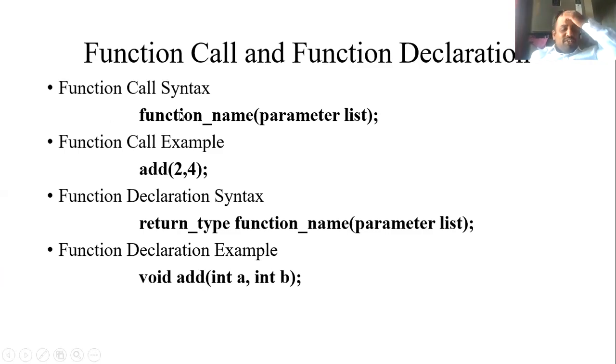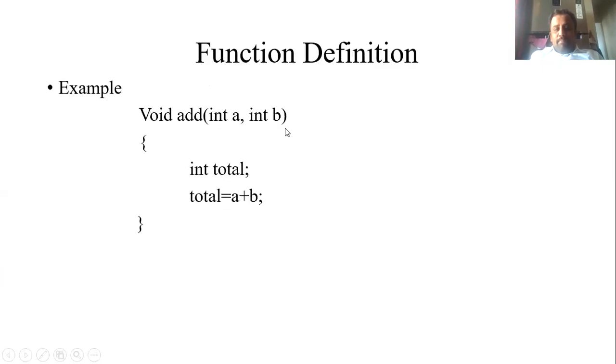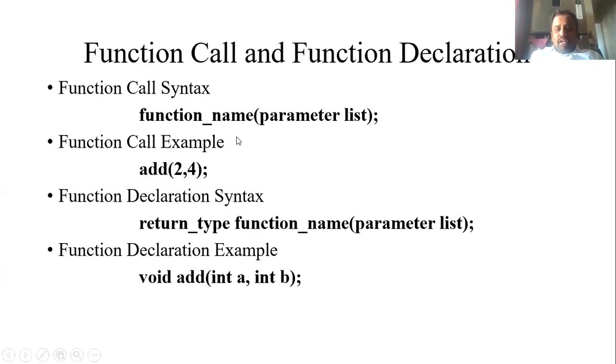How to call? Function name followed by the parameter list. How many parameters am I passing in this example? Two parameters in the add function, a comma b. Both are integer variables. So I need to pass 2 comma 4. Where you are calling the function, it has the actual parameters. 2 is stored in the a variable. 4 is stored in the b variable.